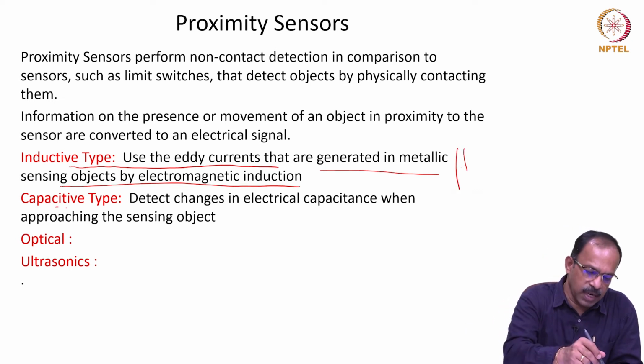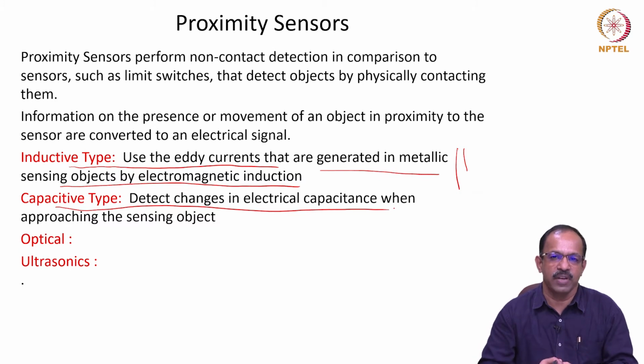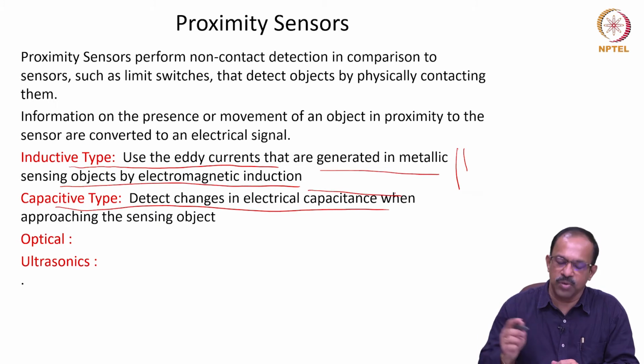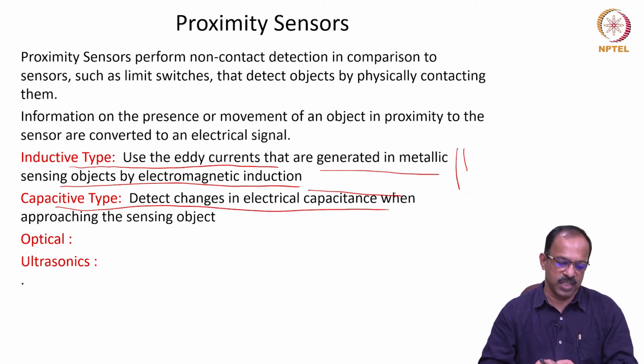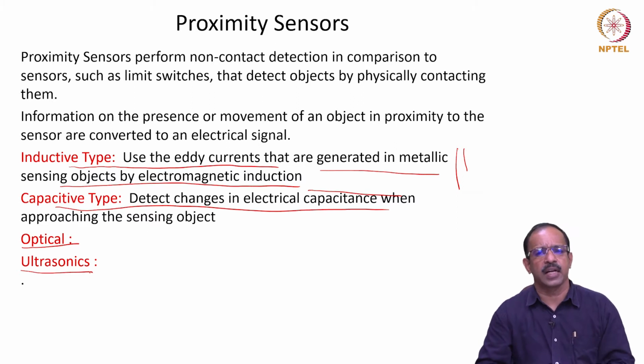So that is the inductive type sensor. The other one is the capacitive type. Again, this is also a non-contact type. It detects changes in capacitance, so the variation in capacitance is measured when the sensor is close to an object. And there are other types also, like optical and ultrasonic sensors.